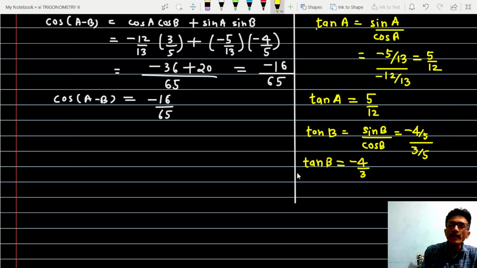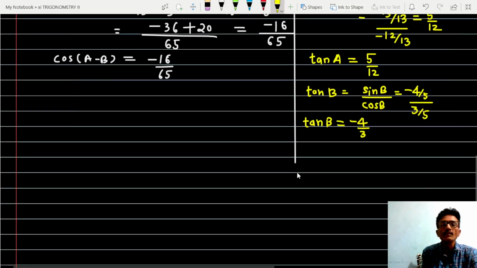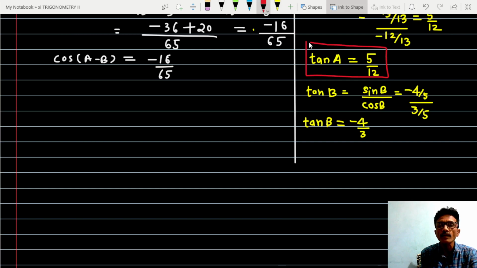So after getting tan A and tan B, tan A is equal to 5 upon 12, tan B is equal to minus 4 upon 3.